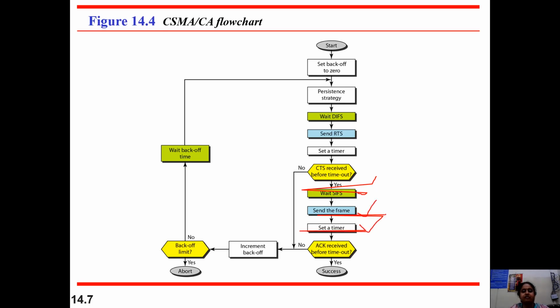Again, the timer is set for the acknowledgement. If during the timeout time the acknowledgement is received, obviously the communication is successful. If not, again by incrementing the backoff and waiting for a backoff time, the station prepares itself for retransmission. So this is the whole operation of CSMA-CA.